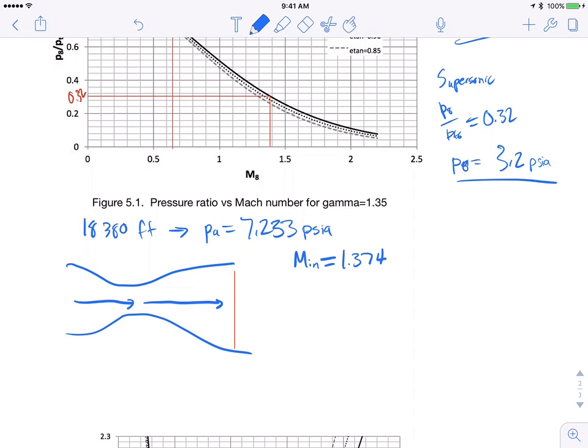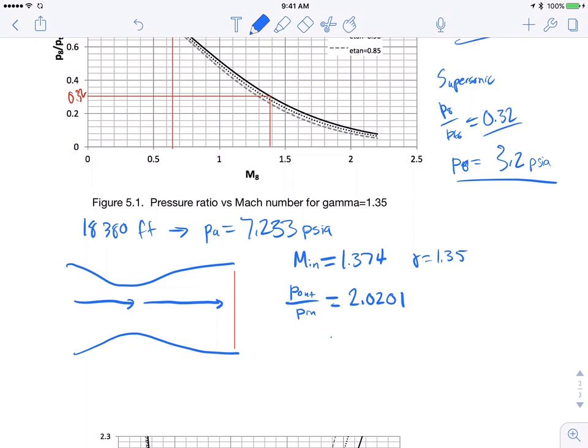And so for the normal shock tables with gamma equal to 1.35, we can look up our values for that Mach number and find that the outlet static pressure over the inlet static pressure is going to be equal to 2.0201. That's really equivalent to basically the ratio of our static pressure at P8 at the inlet to the normal shock versus P8 at the outlet of the normal shock.